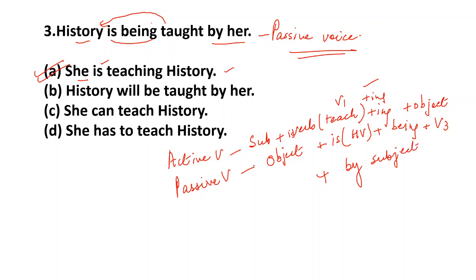Now you see how it is. History, object, is being taught, V3, third form of the verb, by subject, by her. Simple. So suppose there is present continuous tense. How will you change? You will change object plus helping verb plus being plus V3 plus by subject.